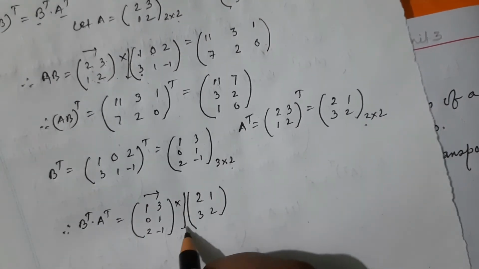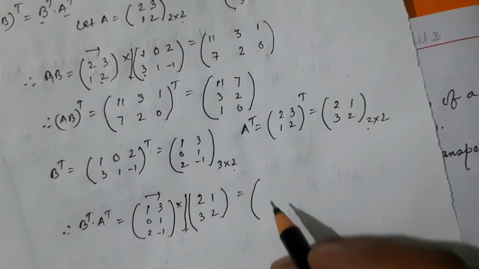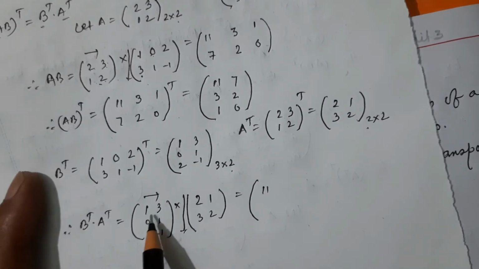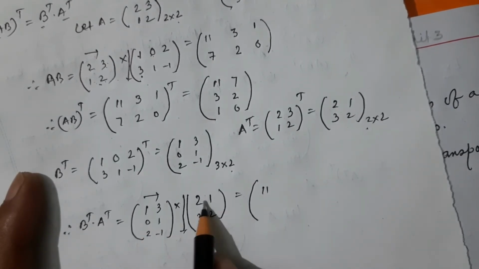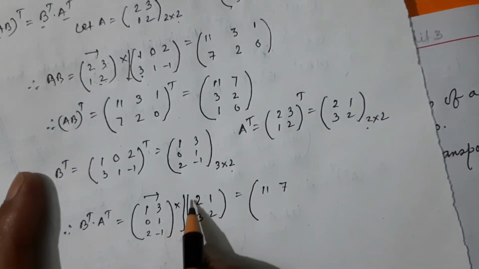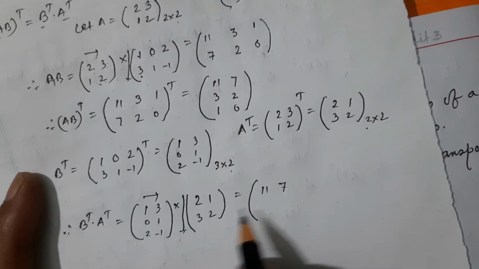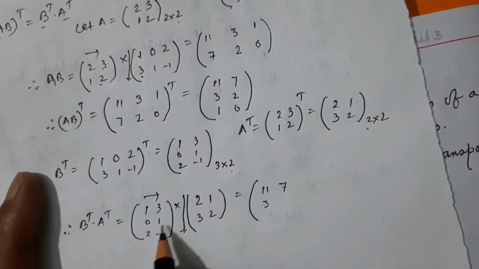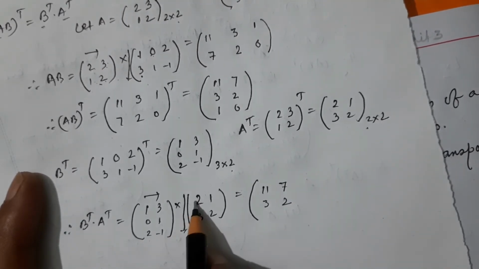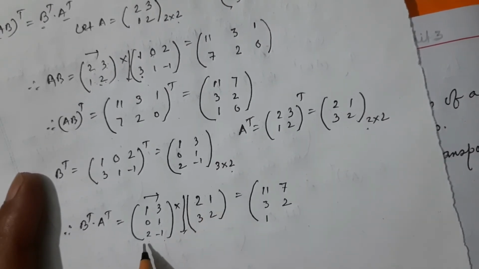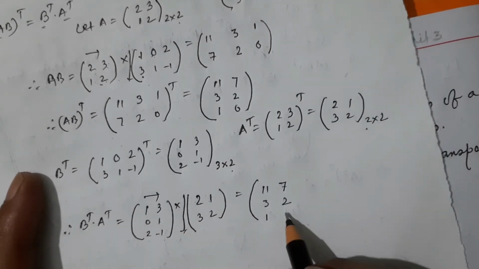So row by column: first row first column we get 2 plus 9, 11; first row second column 1 plus 6, 7; second row first column 0 into 2 is 0 plus 3 into 3, 3; second row second column 0 into 1 is 0 plus 2 into 1, 2; third row first column 2 into 2 is 4 minus 3, 1; third row second column 2 into 1 is 2 minus 2, 0.